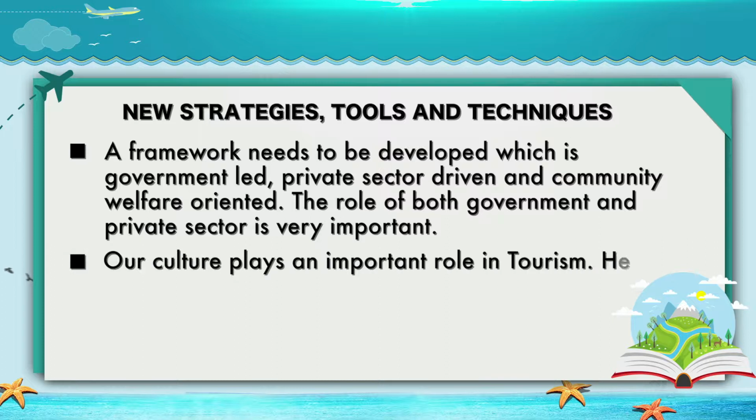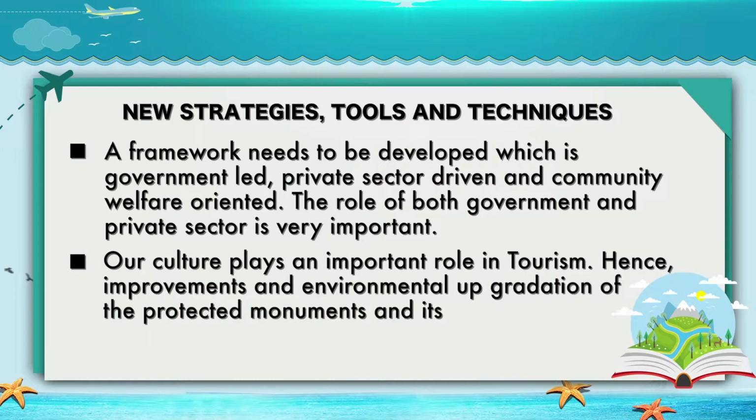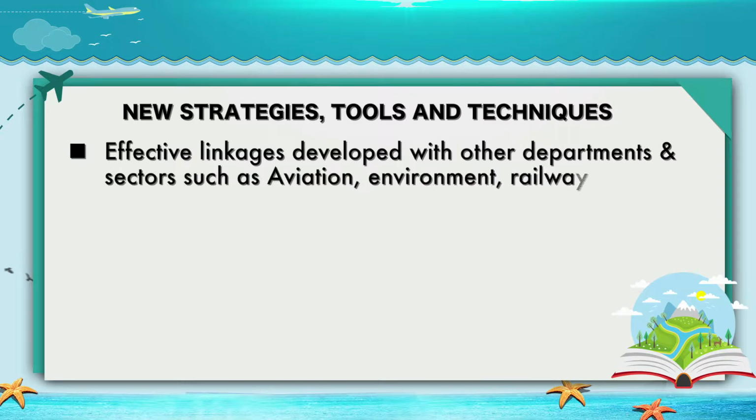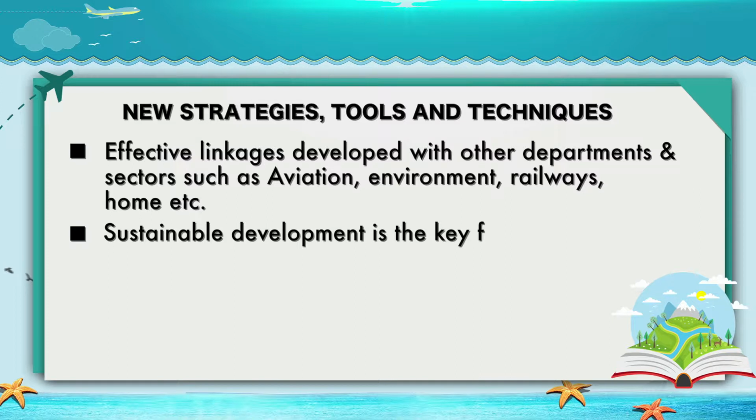Our culture plays an important role in tourism. Hence, improvements and environmental upgradation of the protected monuments and their vicinity is very important. Effective linkages should be developed with other departments and sectors such as aviation, environment, railways, home, etc. Sustainable development is the key factor for the tourism policy.